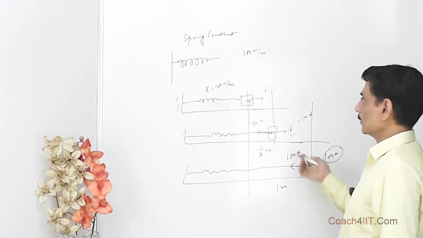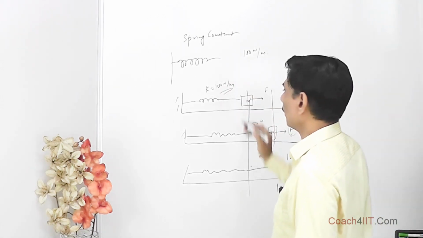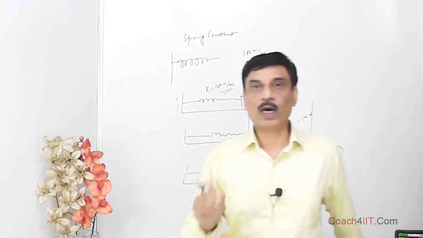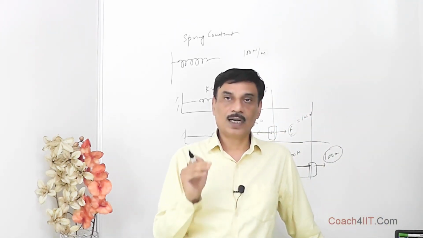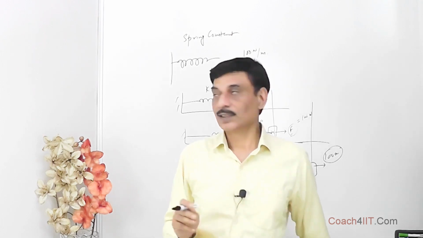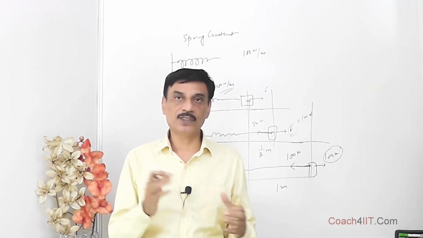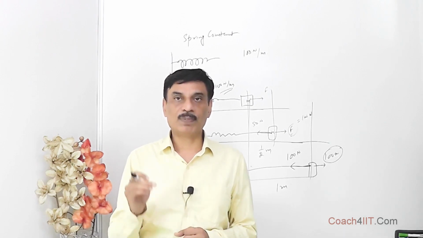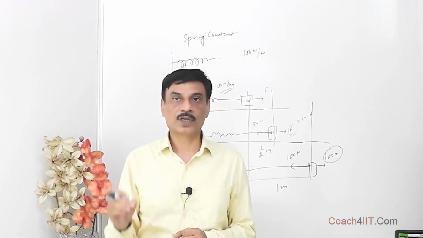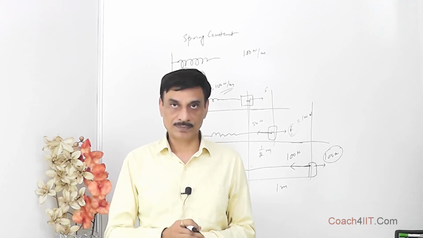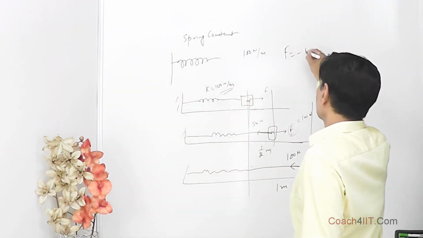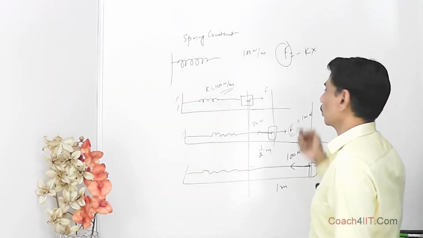So from the units only, that is 100 Newton per meter, for every 1 meter deformation, a 100 Newton force is required. Be it elongation or compression, we will have to apply 100 Newton force for every 1 meter deformation. This is also expressed as F is equal to minus Kx, and this is called the restoring force.